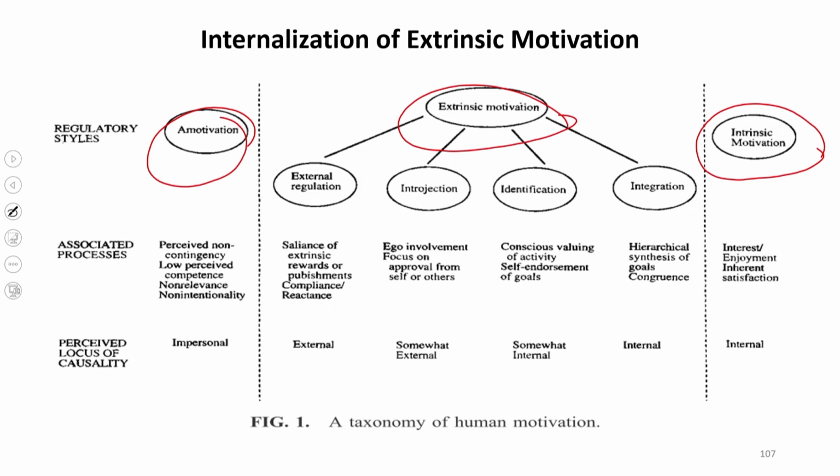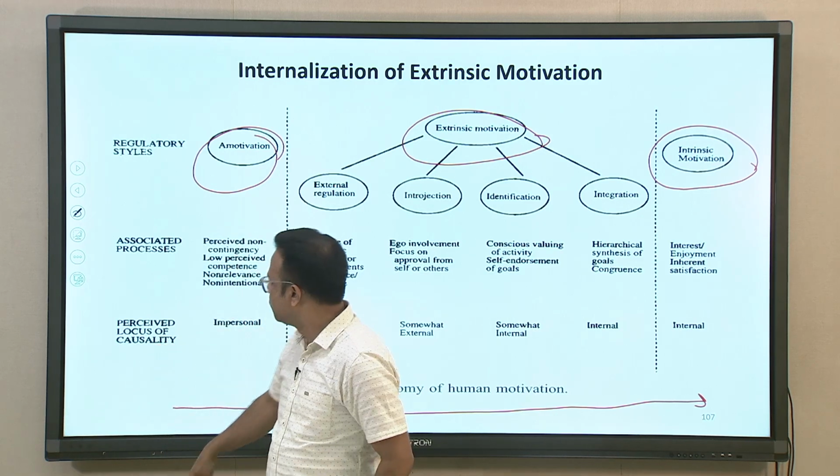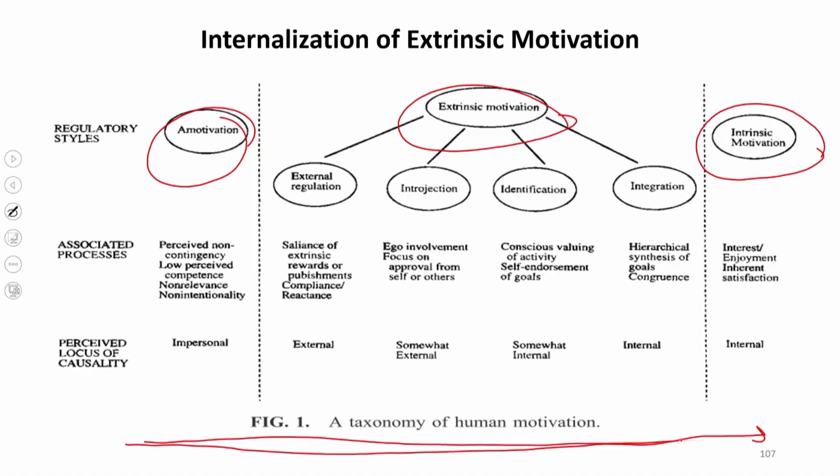There is a movement from left to right, and as we move from this side to that side, motivation goes from amotivation to extrinsic motivation to intrinsic motivation, which means the intrinsicness of motivation is increasing as we move from here to here. We will talk about each of them. If you see here, extrinsic motivation is not one thing. There are 4 categories under this. Now, what are these 4 categories?